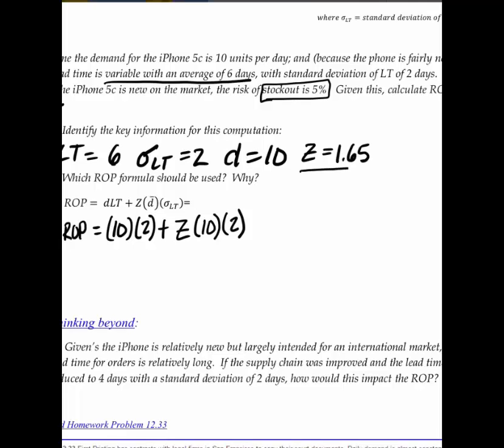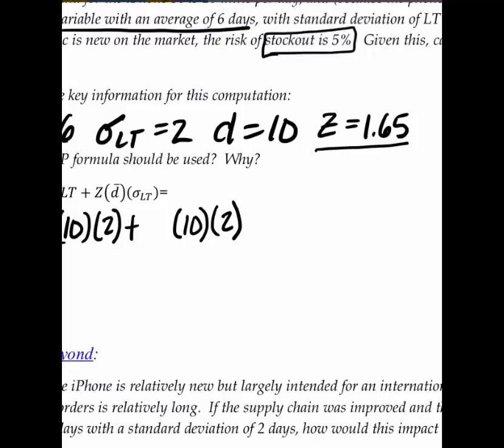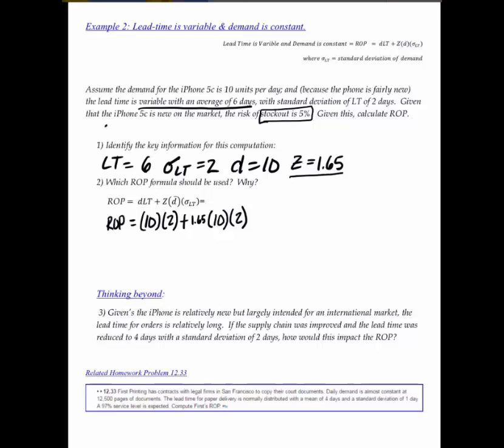So I put it here, and then I'm going to take out this Z and replace it with 1.65. I didn't leave quite enough room there. So now we have everything we need to calculate our reorder point, the point at which our stock drops to where we say, oh, time to order.